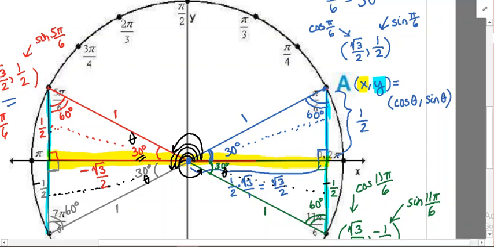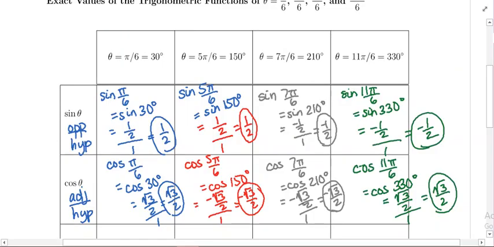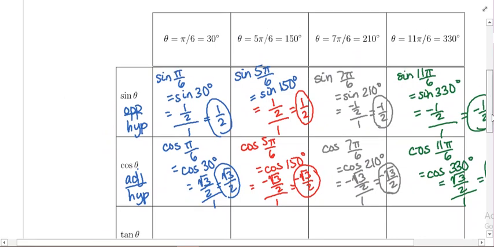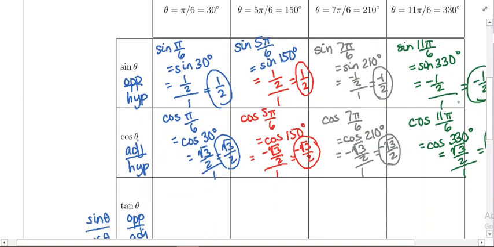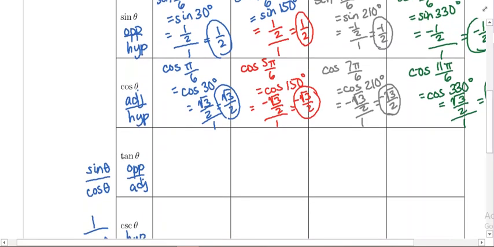Boom, I'm done. And then, how do I get the 4 remaining trig functions? Well, let's go back to pi over 6. If I'm looking at pi over 6, I've got the sine and the cosine. To get the tangent, all you have to do is the sine divided by the cosine.